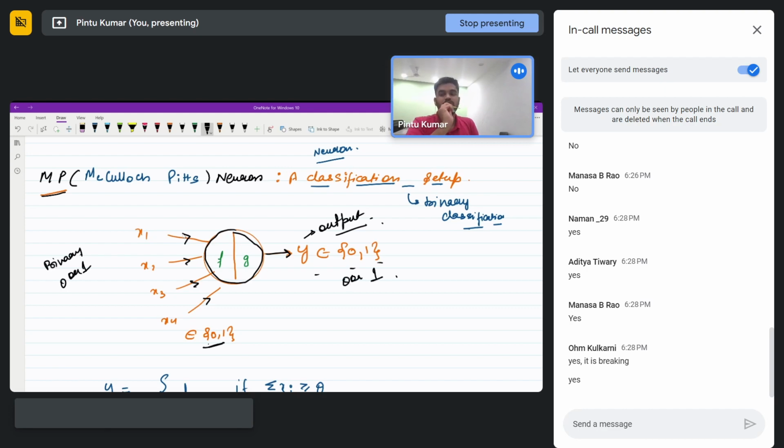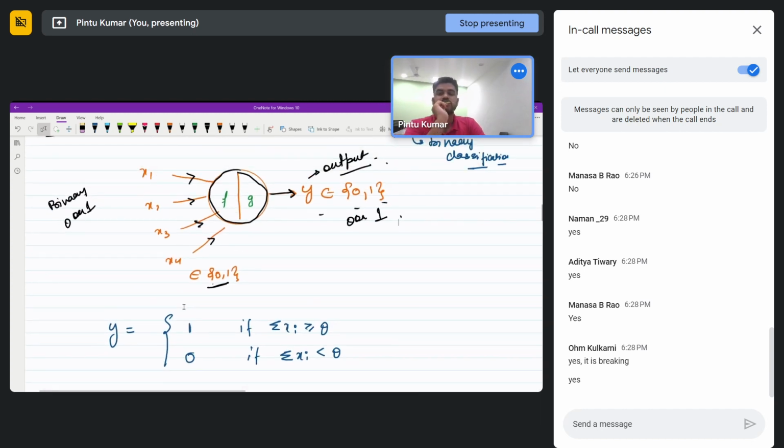Now what does this MP neuron do? It will take the sum of all the inputs it has received: x1 plus x2 plus x3 plus x4. Based on this sum, it will decide whether y is 0 or 1.